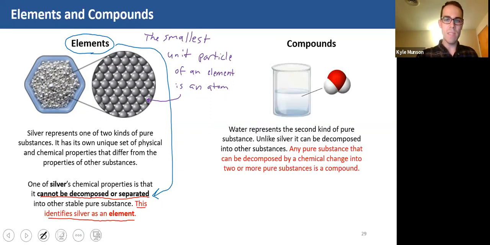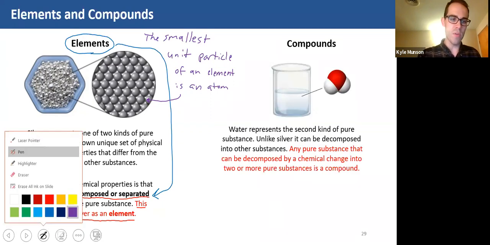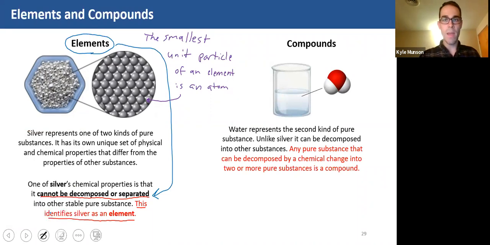Water here now is going to represent our second kind of pure substance, which is a compound. Unlike silver, compounds like this water molecule can be decomposed into other pure substances, or other substances in general.